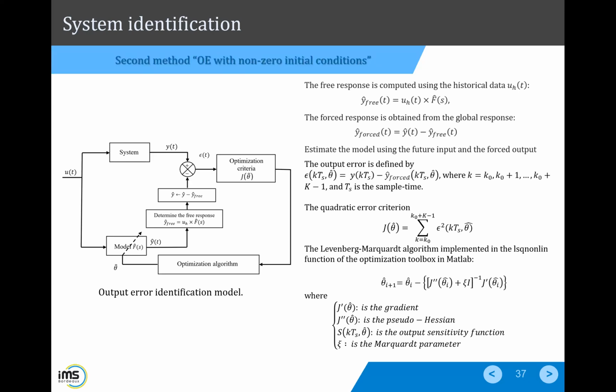It's shorter, it takes a smaller time. And the advantage of this technique is it uses the output error, and this type of algorithm has proofs of convergence. This is the difference between the first and the second method.